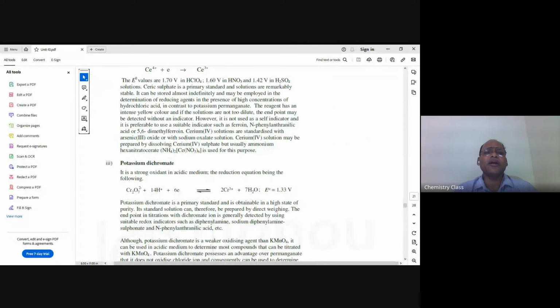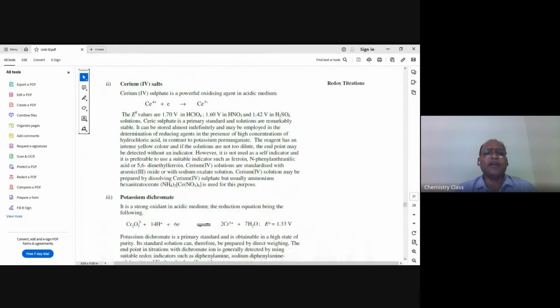Then if you come to cerium IV, cerium 4 plus. Cerium 4 plus sulfate is a powerful oxidizing agent in acidic medium, meaning your reaction should be conducted in acidic medium. In that, Ce4 plus is a powerful oxidizing agent.